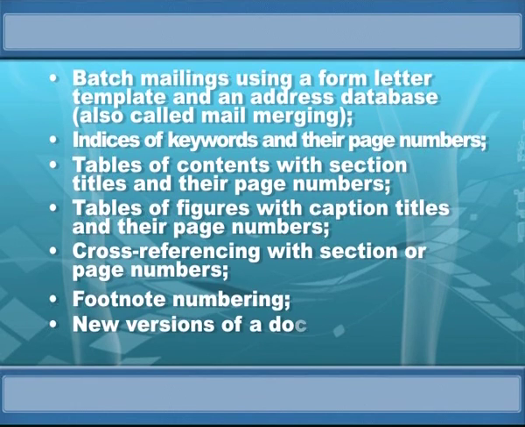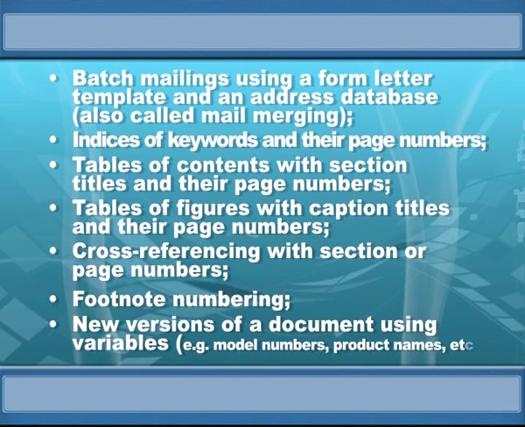Footnote numbering, new versions of a document using variables, for example model numbers, product names, etc. Other word processing functions include spell checking, grammar checking, and the thesaurus function, which finds words with similar or opposite meanings. Other common features include collaborative editing, comments and annotations, support for images and diagrams, and internal cross-referencing.